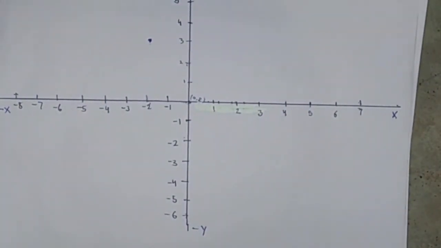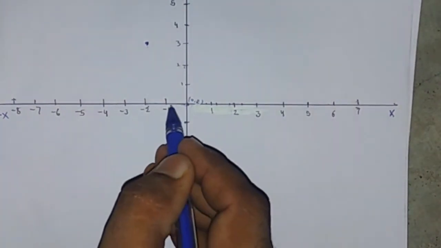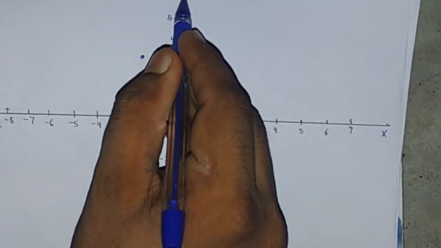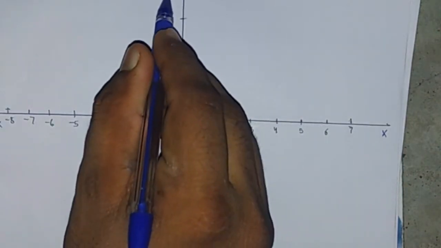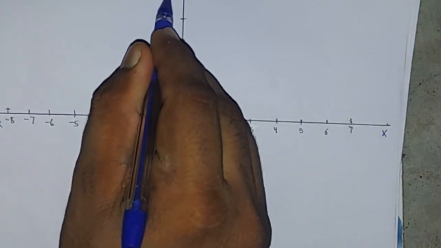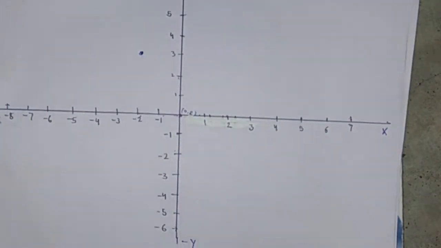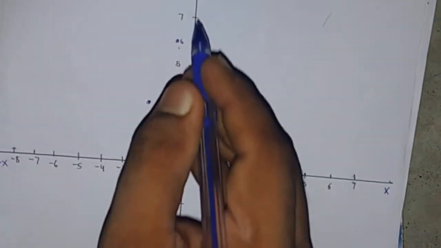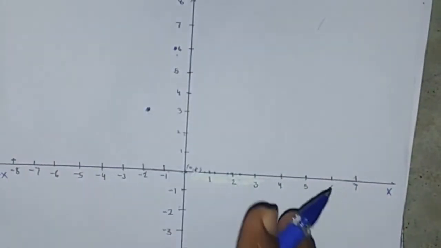Now x equal minus 1, y equal 6, we come at this point. And 0 comma 9 means x equal 0, y equal 9. We come at this point 0 comma 9.